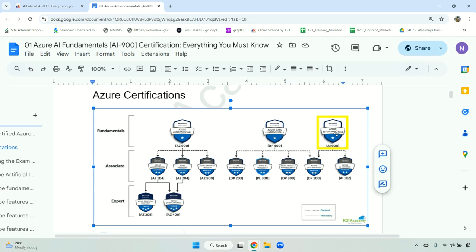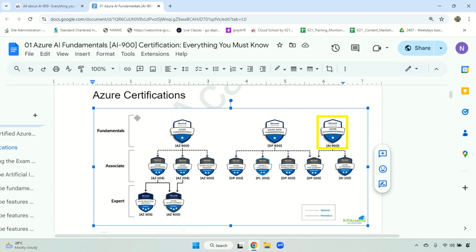If you want to go for an advanced course, or the associate level course, I would say it is AI 102. We have all these different courses which you may be part of. Depending upon which course you are part of, you get access to those courses as well. If you have opted for the 4 certification courses of AI, then you get access to AI 900, DP 100, AI 102 and AZ 900 over here.